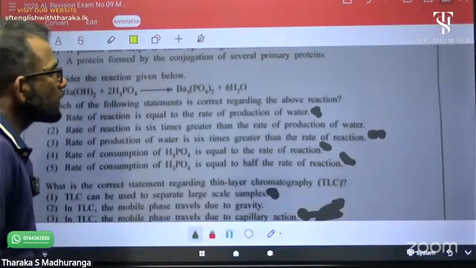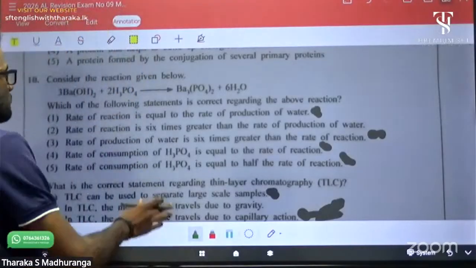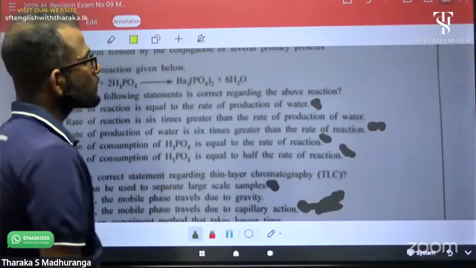Which of the following statements is correct regarding the above reaction? The rate of reaction is equal to the rate of production of water.